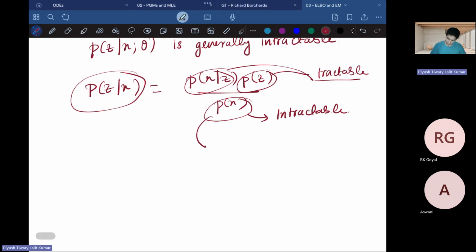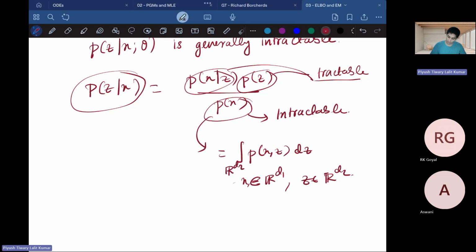Well, P of x is the integral of P of x comma z dz, right? This is how you will calculate P of x, basically marginalizing out the z. Now here x comma z are in higher dimensions. Maybe x belongs to some R^d1 and z belongs to some R^d2, and you have to do this whole integration over R^d2.